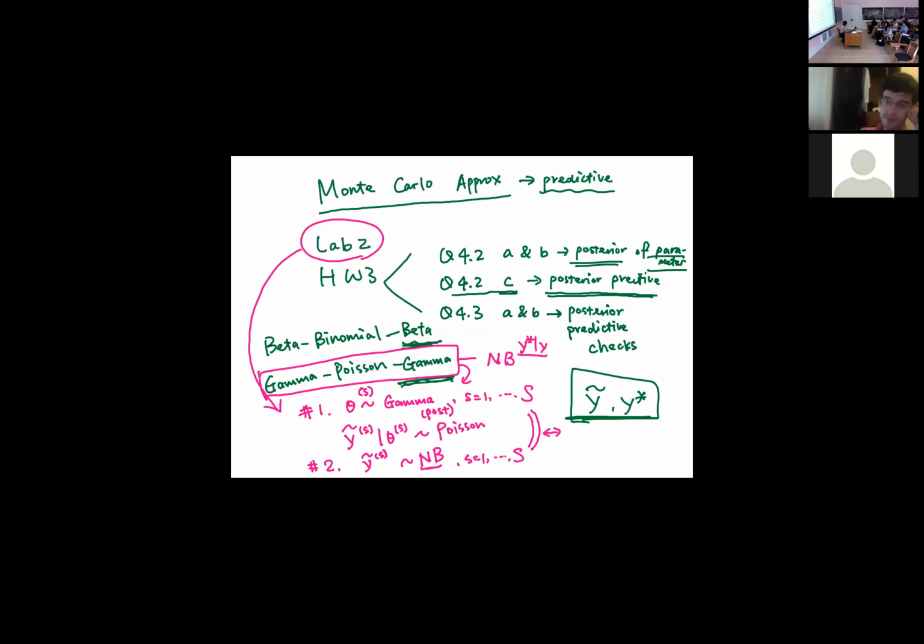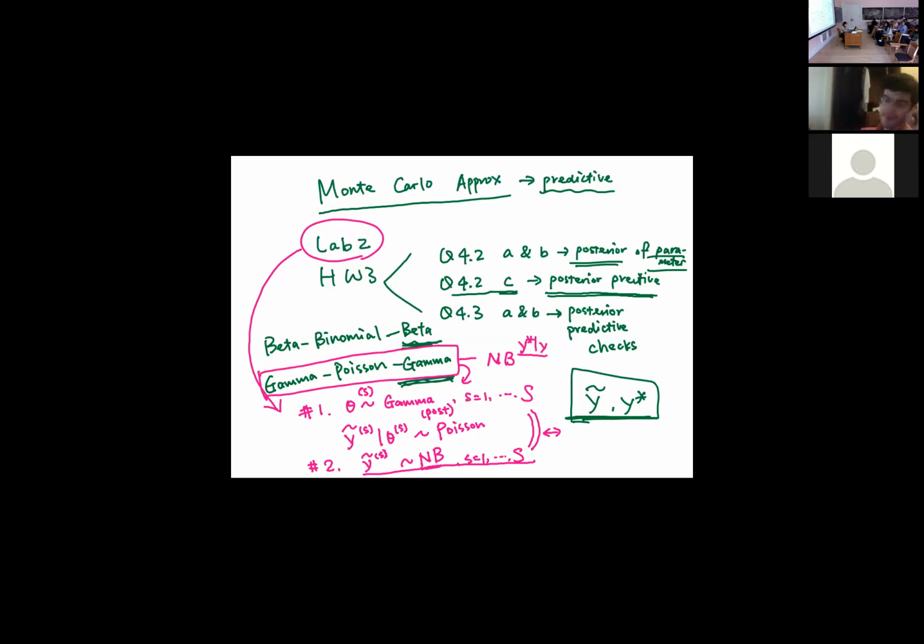So as a verification or justification, even though you know the analytic solution here, you don't have to worry about it. You can just go with the usual way that we talked about. And in many other cases, the analytic solution is not available. So don't even bother thinking about that. Just go with the posterior and then sample the new data from the data model.